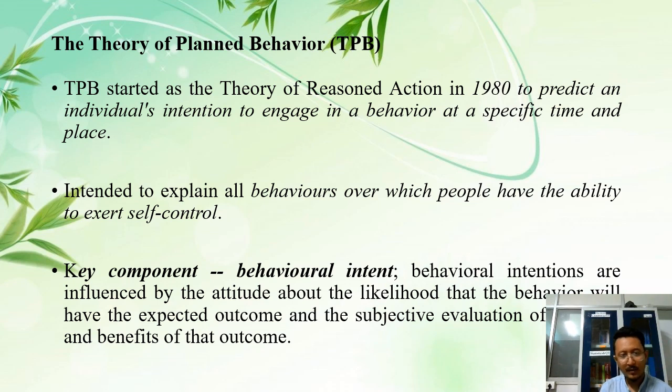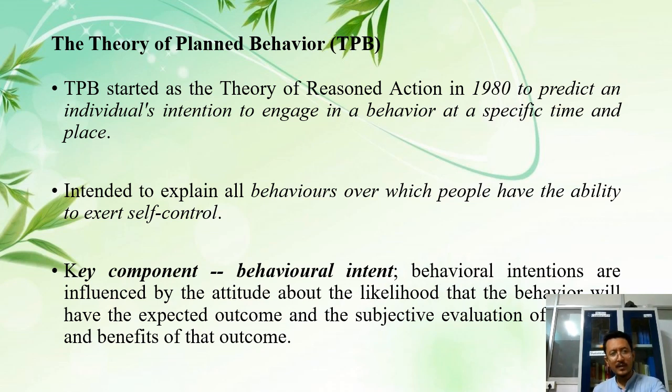Clear? Alright. So I repeat, the theory of planned behavior is basically based on the behavioral intent, that is, the intention of an individual or a group to behave in a particular way at a particular time, right? And this intention of behavior is also based on a careful evaluation of what benefits this particular behavior will bring to me, or what outcomes this behavior will have.